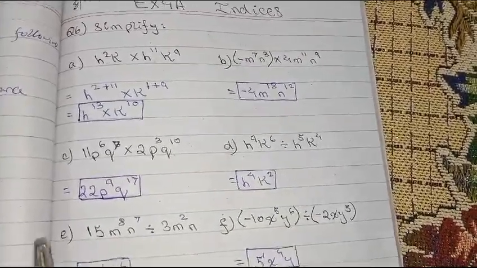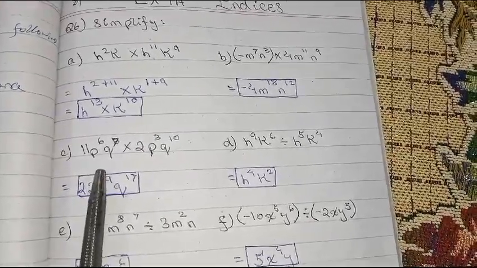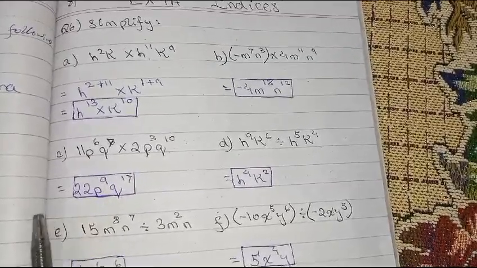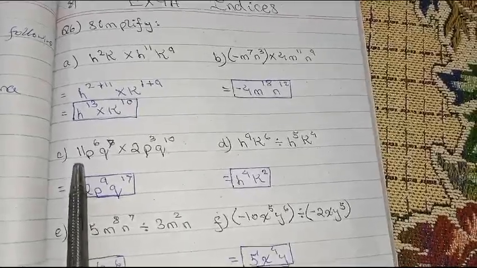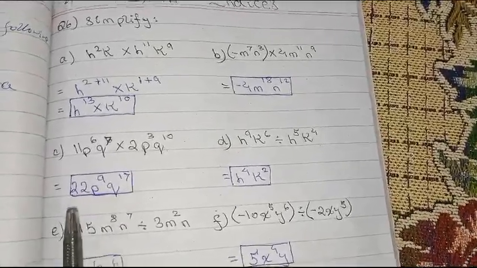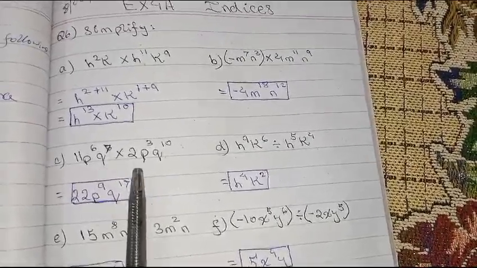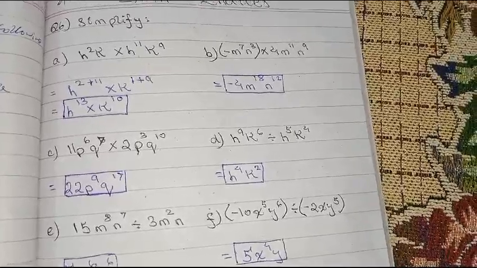Moving on to the third part: 11 p power 6 q power 7 multiplied by 2 p cube q power 10. We multiply 11 by 2 to get 22, and when the bases are the same, we add those powers: 22 p power 9 q power 17.